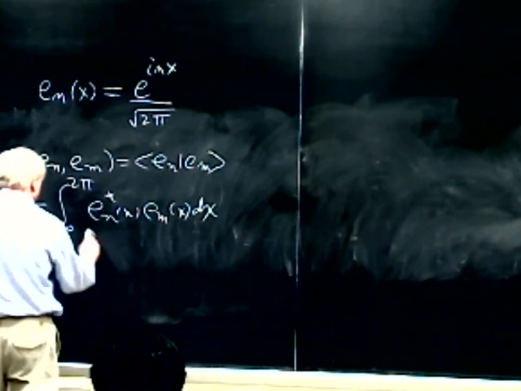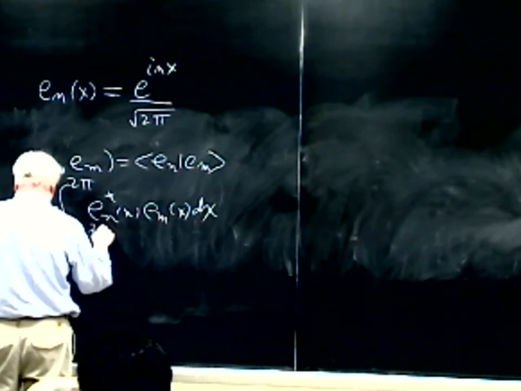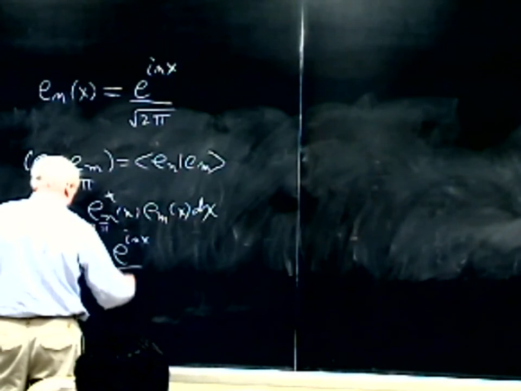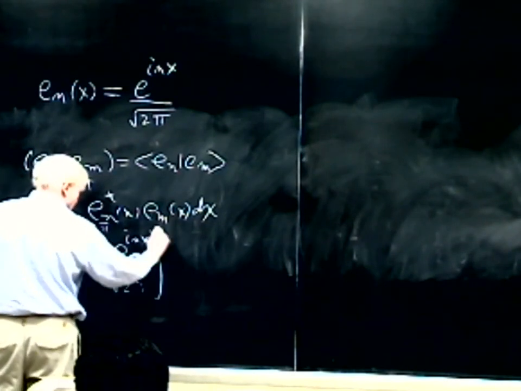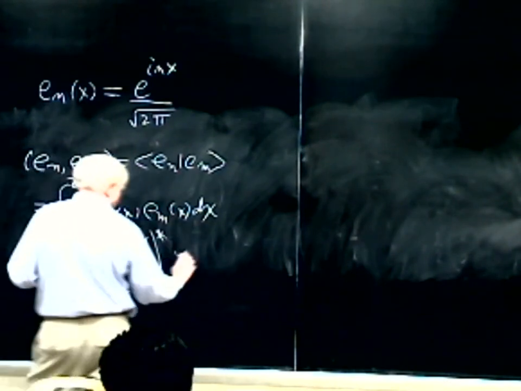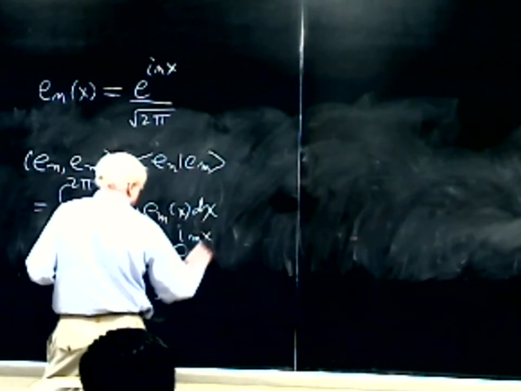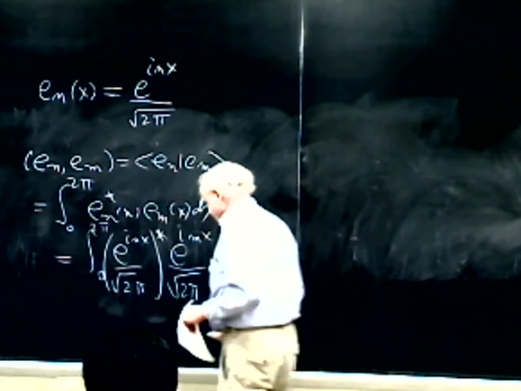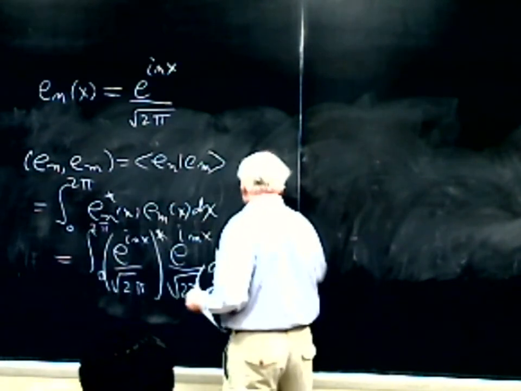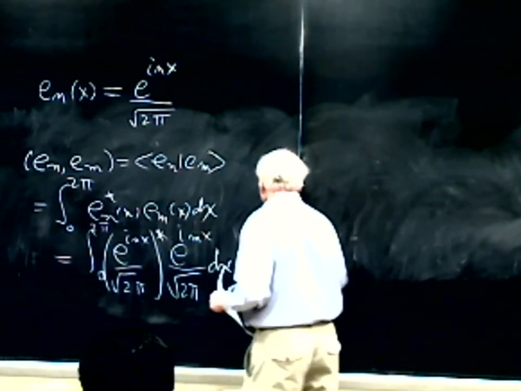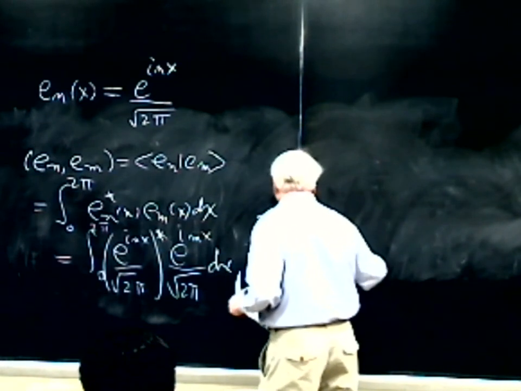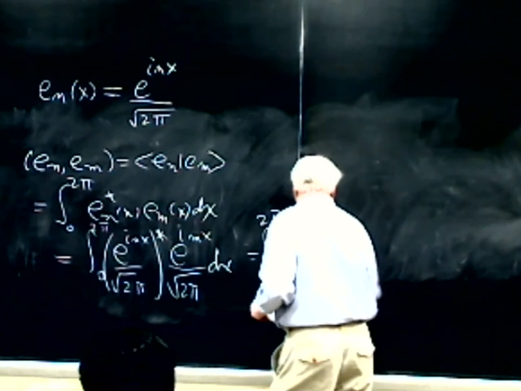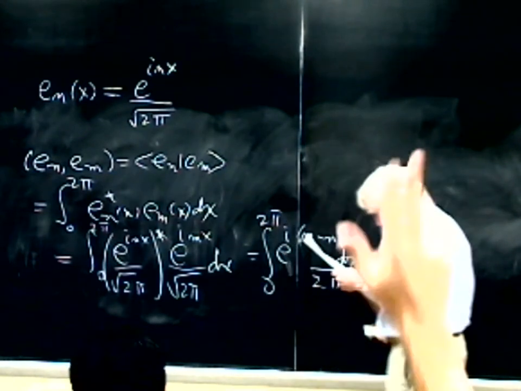And in particular, that's the integral from 0 to 2 pi of e to the inx over root 2 pi, complex conjugate, times e to the imx over root 2 pi dx, which is the integral from 0 to 2 pi of e to the i(m minus n)x dx over 2 pi.